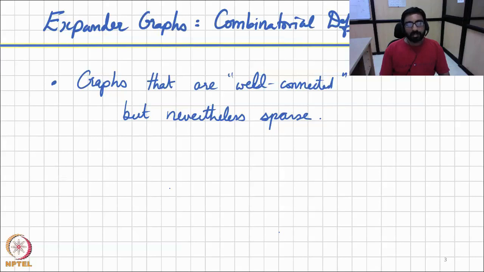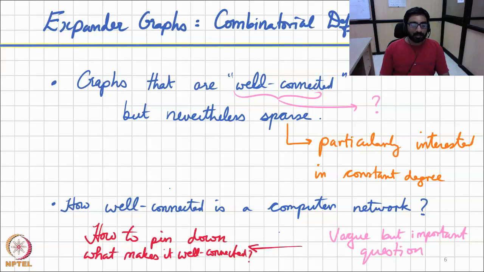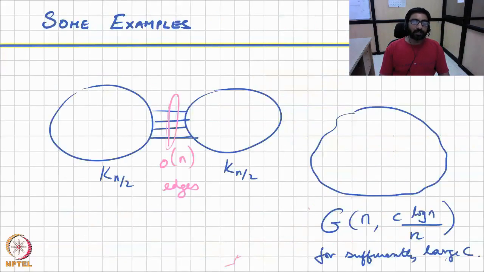So it's a very interesting notion that bridges many diverse areas of study. At this point, our understanding of well-connectedness is somewhat vague. One could try to understand this notion from the point of view of computer networks. So what is this notion of well-connectedness? How do we pin down the definition of well-connectedness?